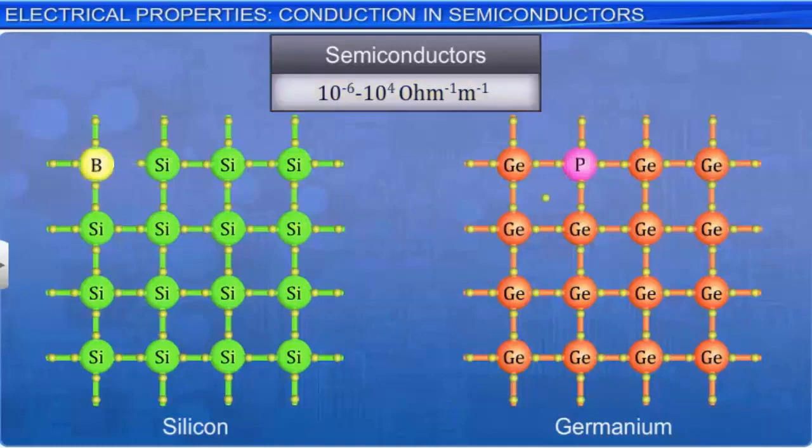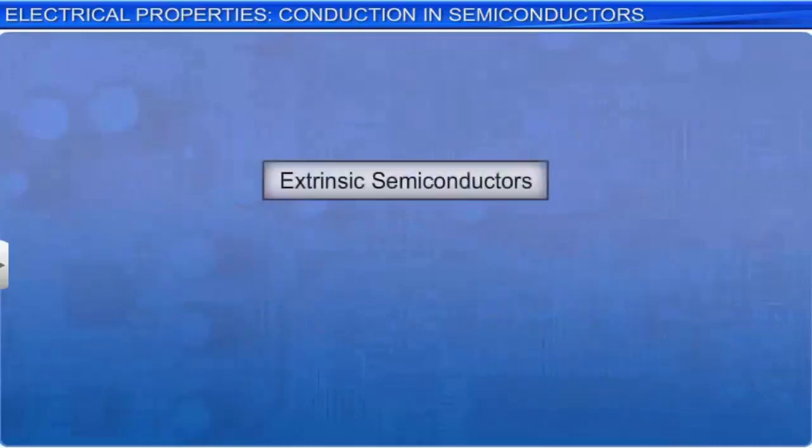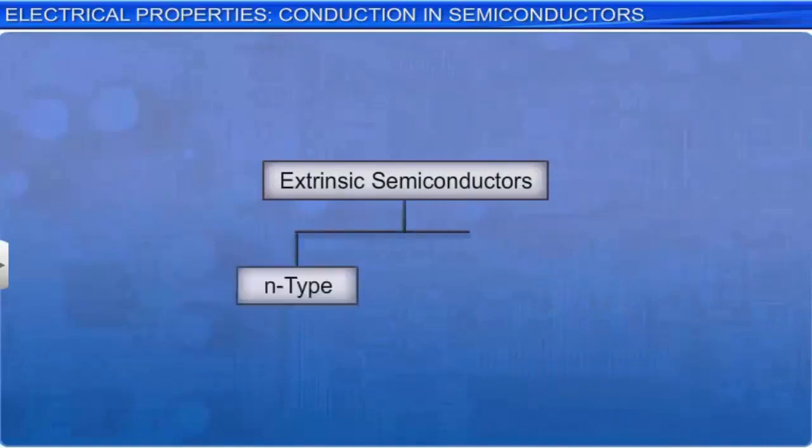The addition of a small percentage of foreign atoms to a regular crystal lattice of an intrinsic semiconductor like silicon or germanium produces dramatic changes in its electrical properties. Such impurities introduce electronic defects in the semiconductor and produce an N-type or P-type semiconductor. Let us first look at N-type semiconductors.